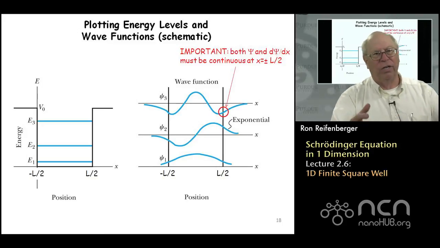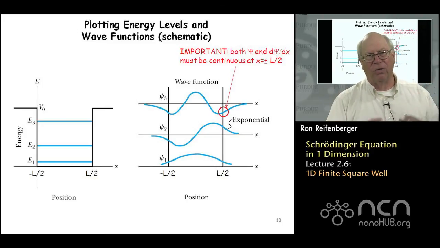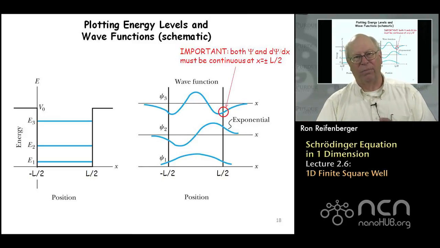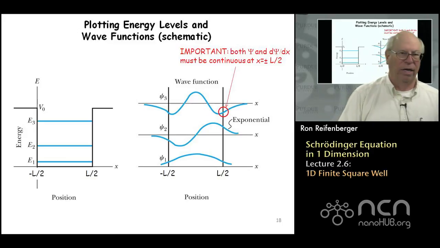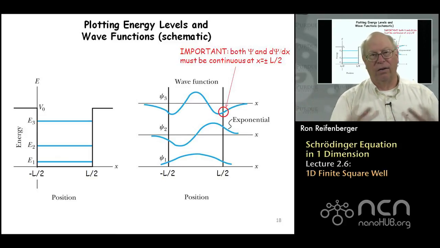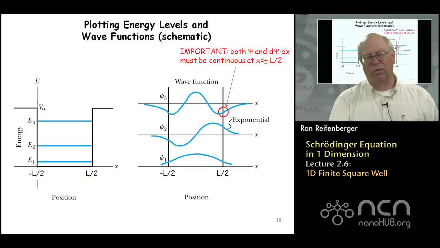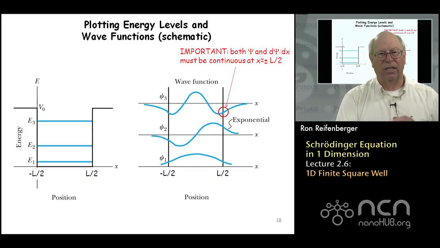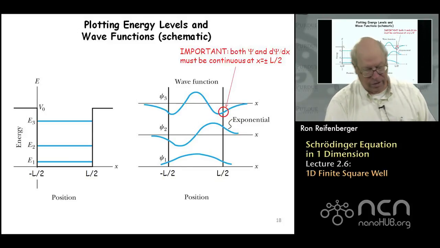If you did an experiment and tried to measure the position of that electron in that potential well, there would be a finite probability that the electron would actually be outside of the well. This is a consequence of the fact that when particles are treated as waves, they extend over regions of space which are not accessible to classical physics.